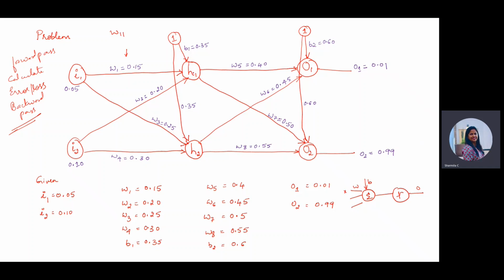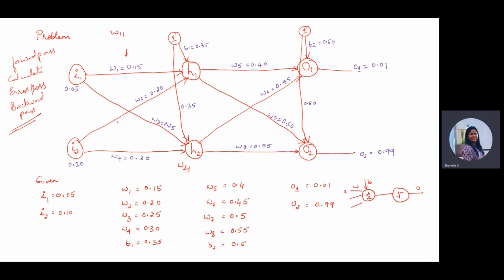From I2 to H1, the weight is 0.20. Again, the weight from the hidden node 2 to 1 is denoted as W21. So this is how the notation is used in the backpropagation algorithm.